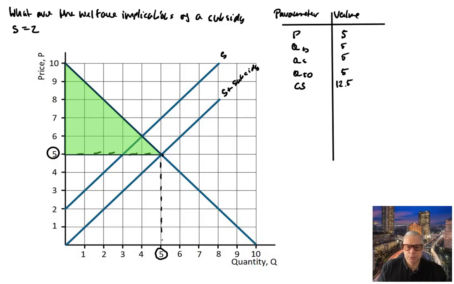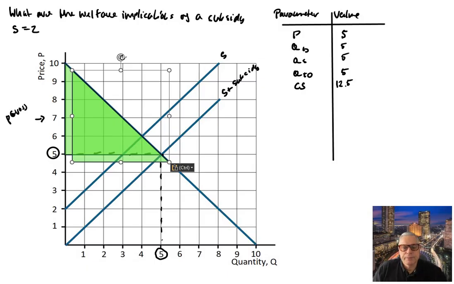Now producer surplus, so people at the cashier, they pay 5, but the producers, they get another 2 in terms of the subsidy. So the price that they actually get, and it's called the gross price, is 7. So the total producer surplus is now this area.